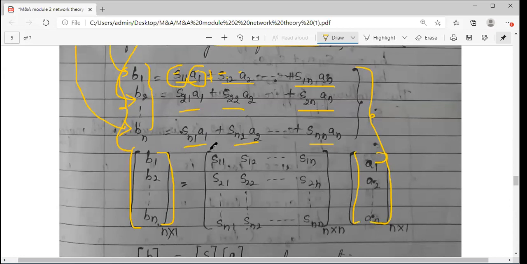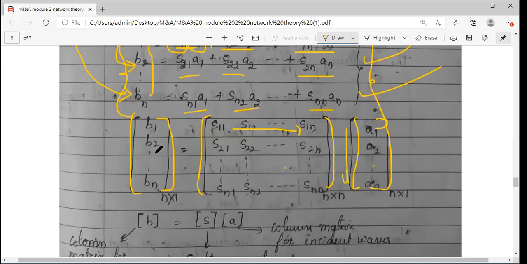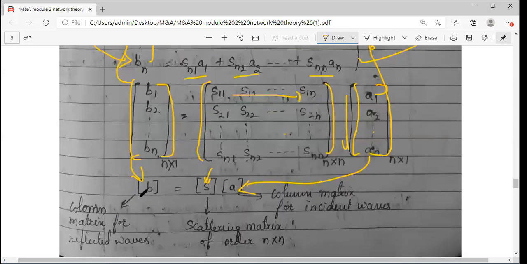Remaining all the S you put together in matrix form. If you multiply these two, row into column, you will get these equations back. You can verify it. That's why in general you write B is equal to S into A. B can be of any order, as many ports as there are, accordingly that many values will come. So in general it is B equals S into A.